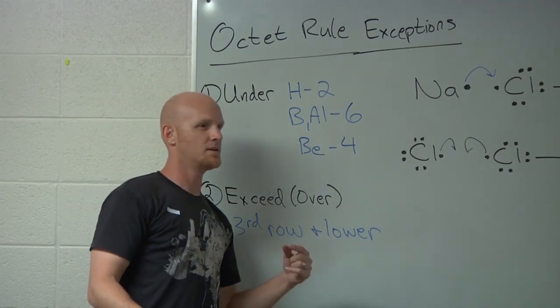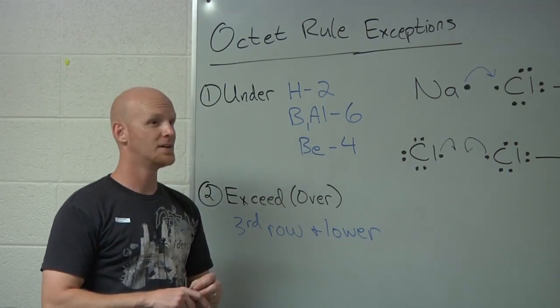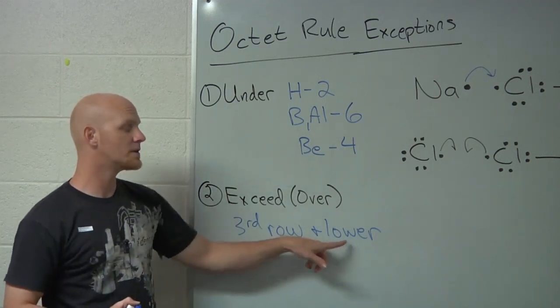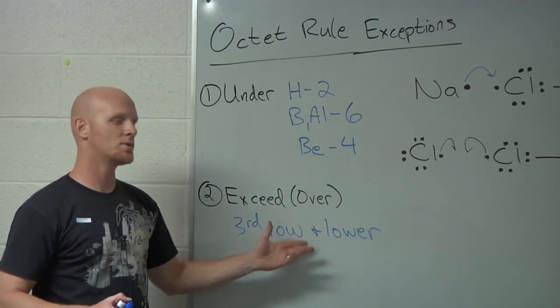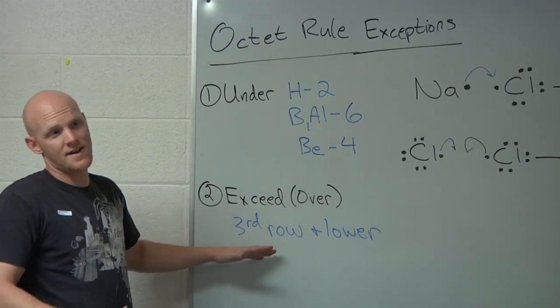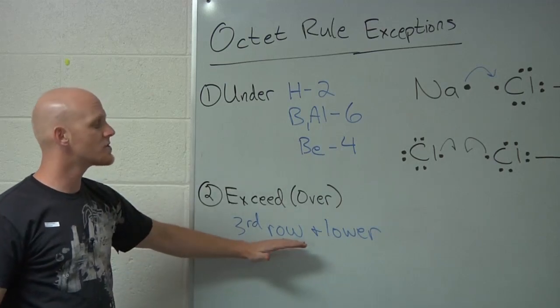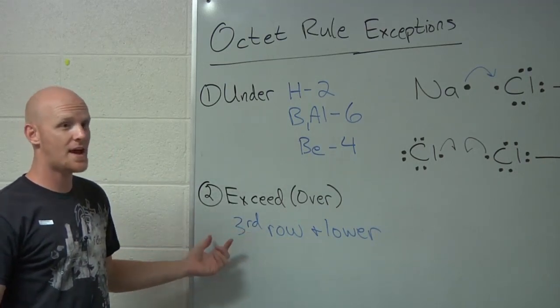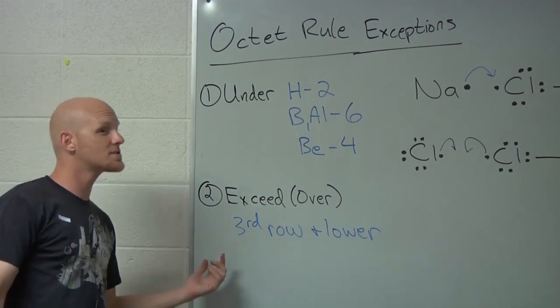What else is there? Starting at the 3rd shell, d's. As a result, if you're in the 3rd row or lower and you've got more than 8 electrons, okay, great, I'll just pop them in the d orbitals. I don't have to, but if I have extras, great, whatever. That's why the 3rd row and lower is allowed to go over the octet rule. The 2nd row can't go over because they don't have d orbitals in the 2nd shell. They only start in the 3rd shell.